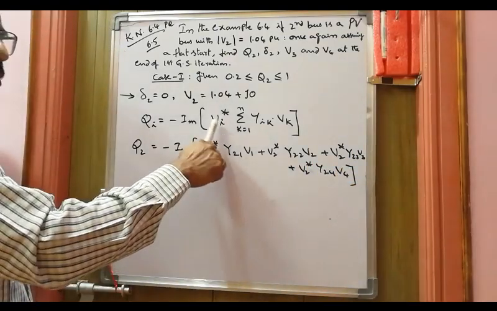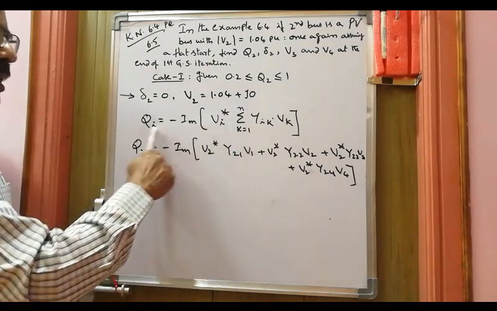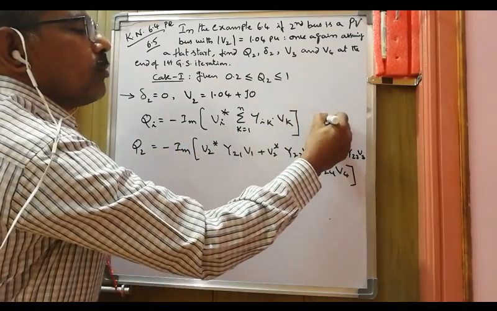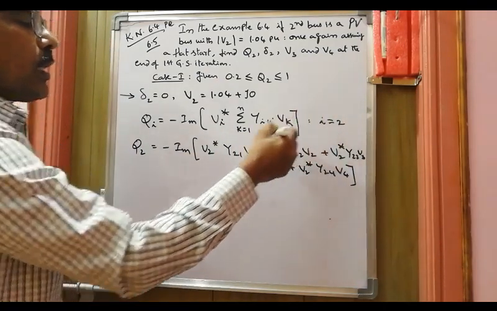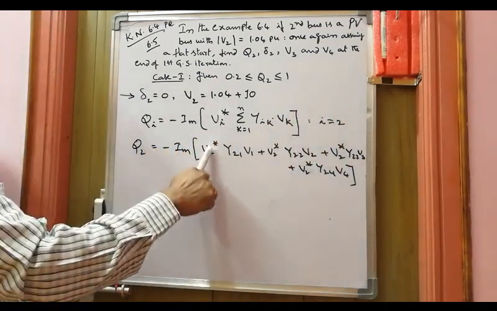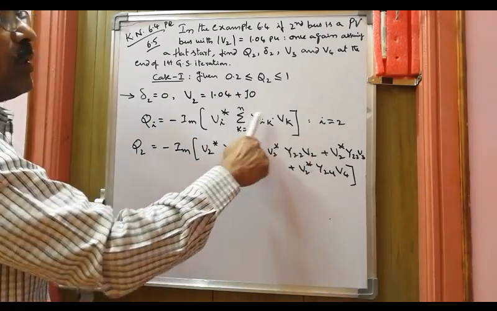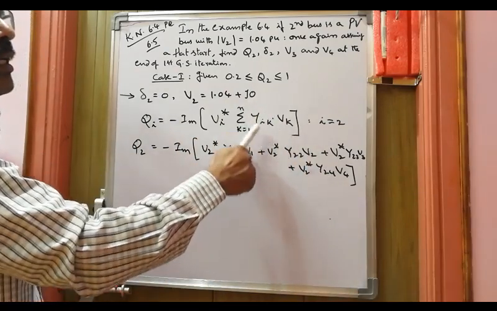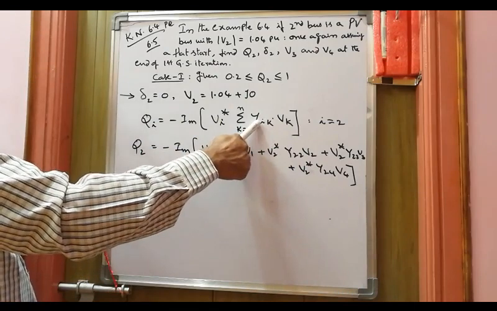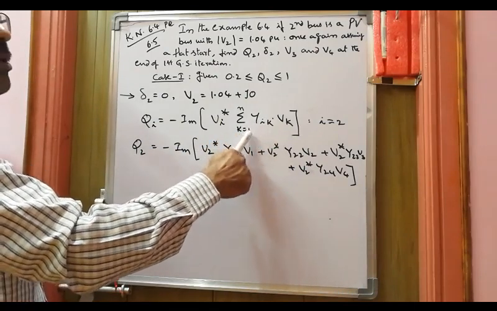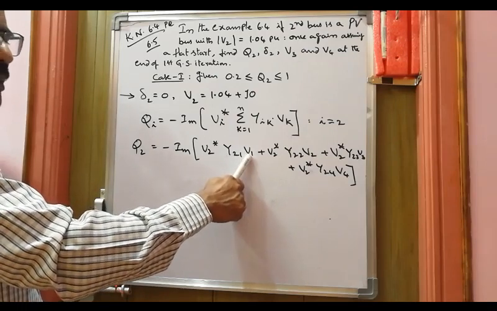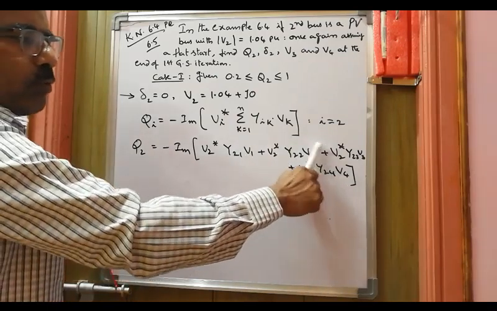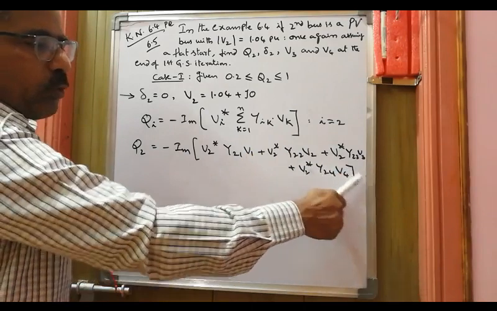Here, Vi conjugate, I is 2 because it is the second bus. So with I equal to 2, it is V2 conjugate, and sigma Yik Vk, with K varied from 1 to 4. So we have Y21 V1, Y22 V2, Y23 V3, Y24 V4.